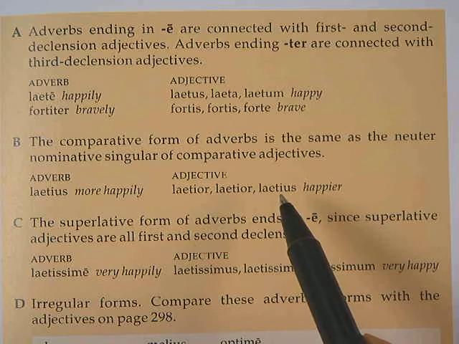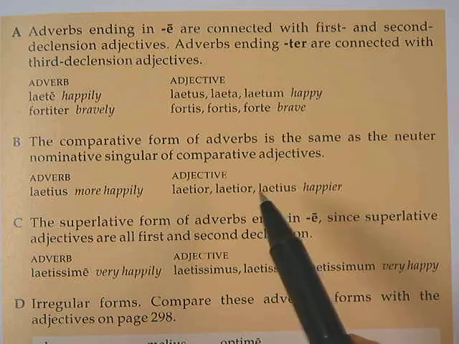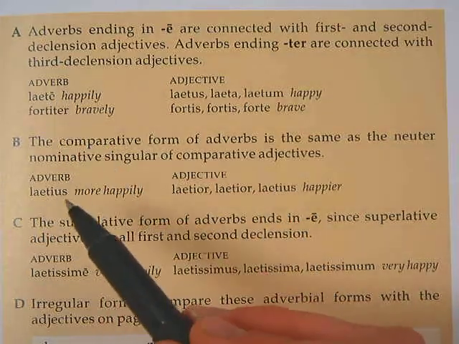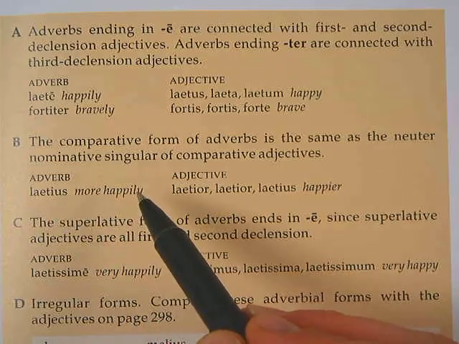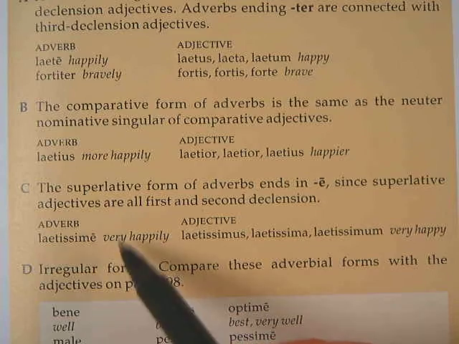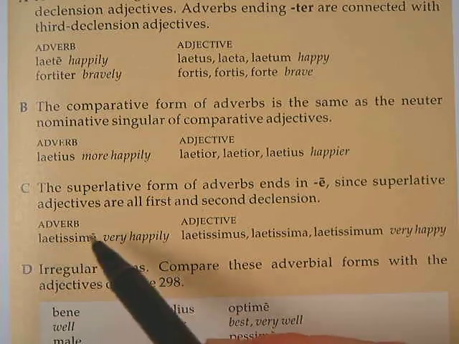And in the adjective, notice that's the masculine, that's the feminine, that's the neuter. Ius is the ending if it's more happily. So laete happily, laetius more happily.